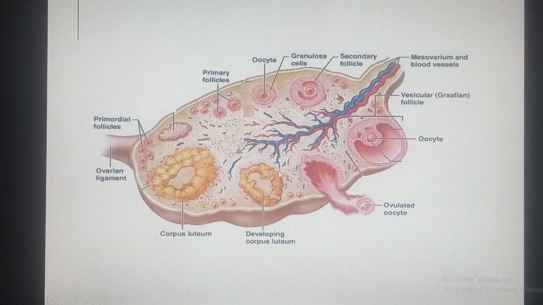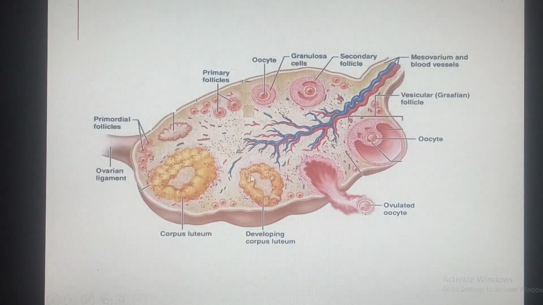Corpus has to do with body and luteum has to do with yellow. So this corpus luteum is a yellow body. Initially, just after ovulation, there will be blood around here, which will later form clots, and then later it is reorganized into this yellow body.